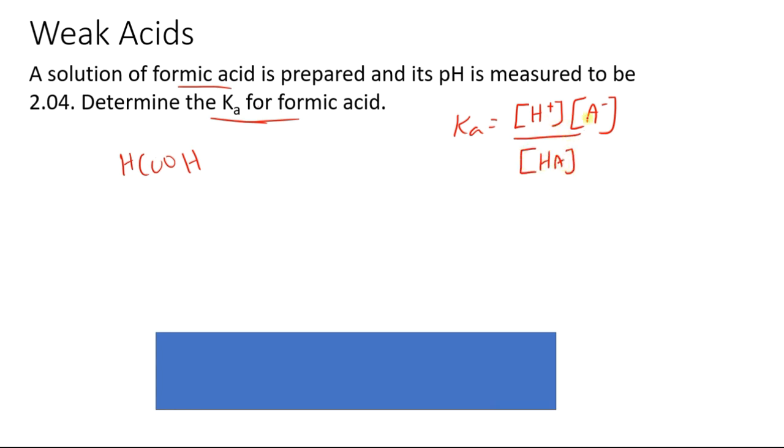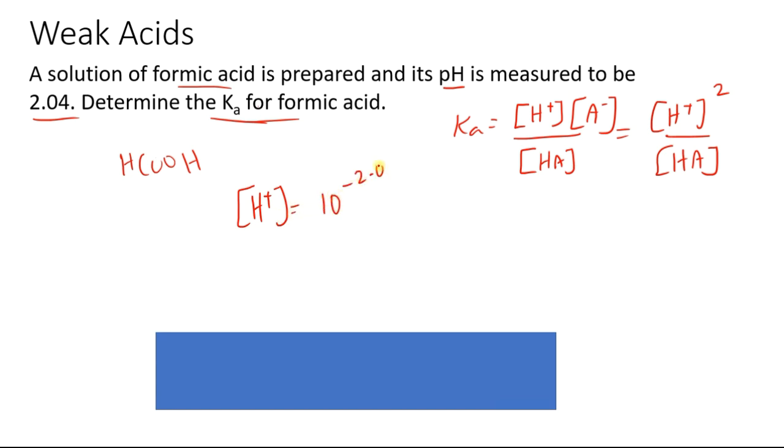And remember, for weak acids these two are the same, so it can be written as H plus squared divided by HA. Now think about what I have here to work out Ka. We need the H plus ion. Do we have that? It's not directly given, it's given in the form of pH, so you do H plus ion concentration equals 10 to the power minus 2.04, and then you have to substitute it over here.